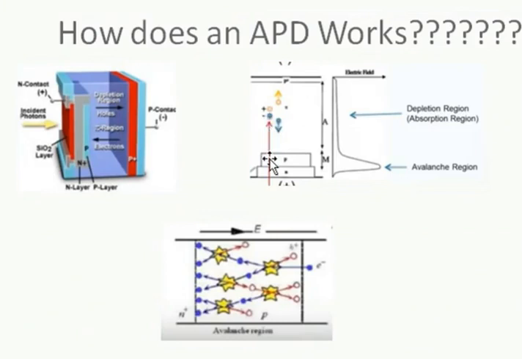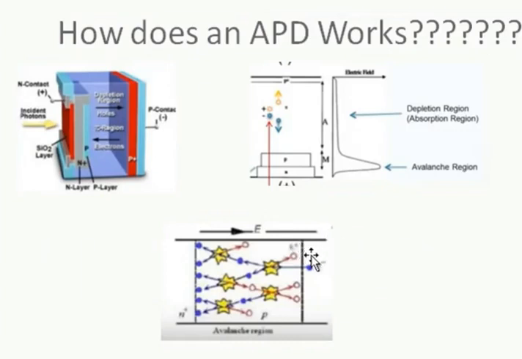these electrons, which are being attracted towards the anode, encounter this high electric field region known as the avalanche region. In this high field region, the field accelerates the electrons to such a high speed that it creates more electron hole pairs, and this process is known as impact ionization.